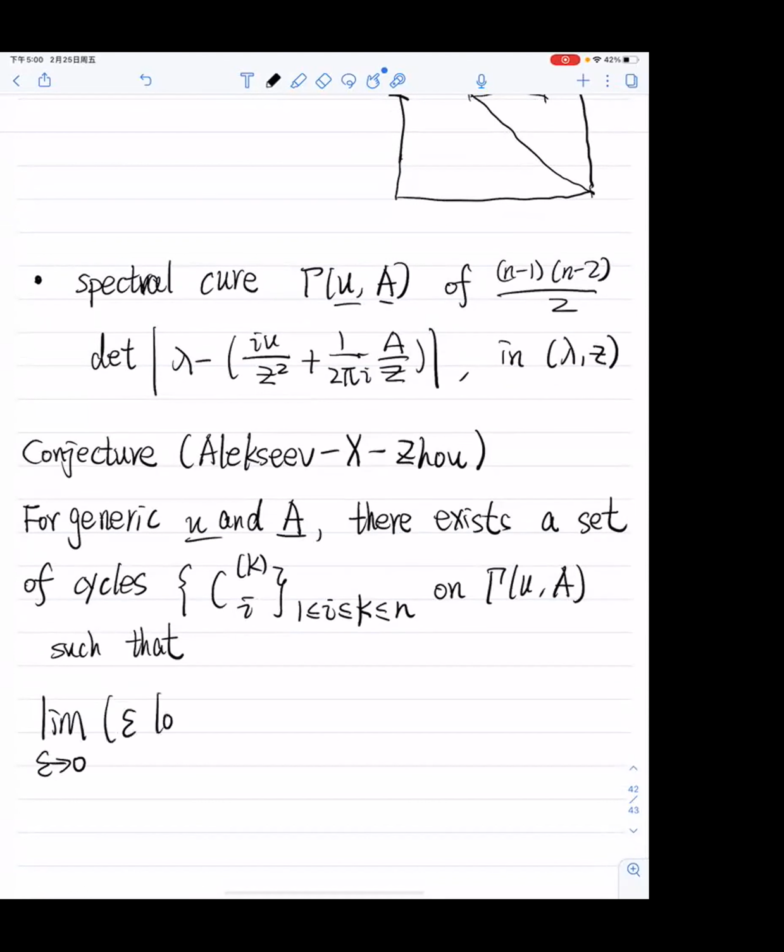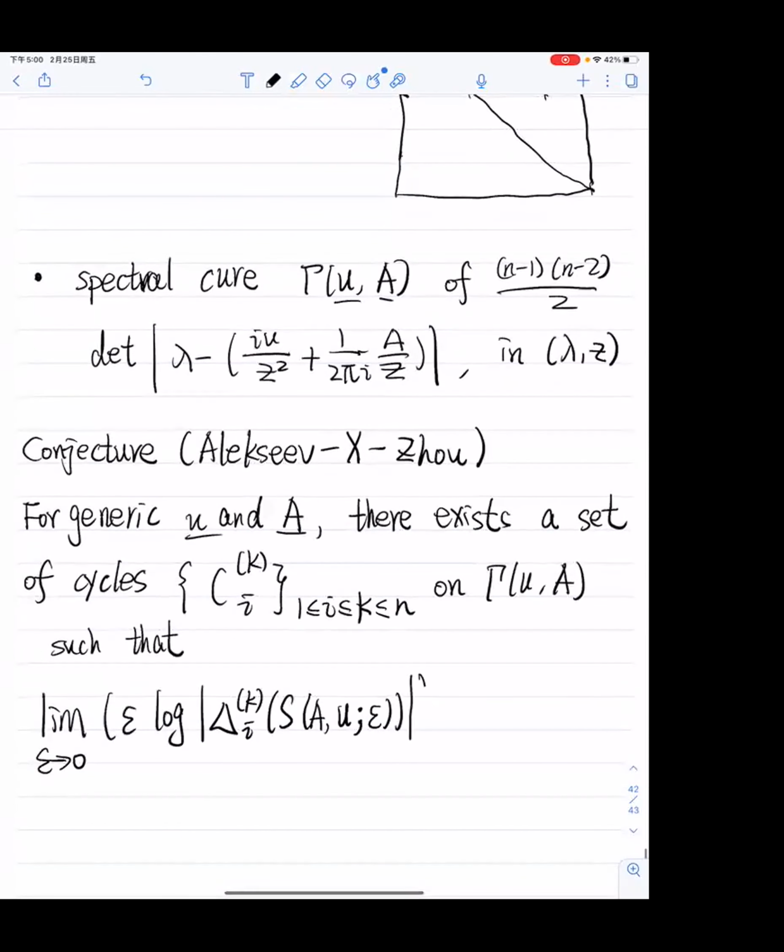So that is, if we take the minor coordinates of the Stokes matrix assigned to U and A, then we take this limit. So we see that this limit expression exactly takes the exponential leading term.